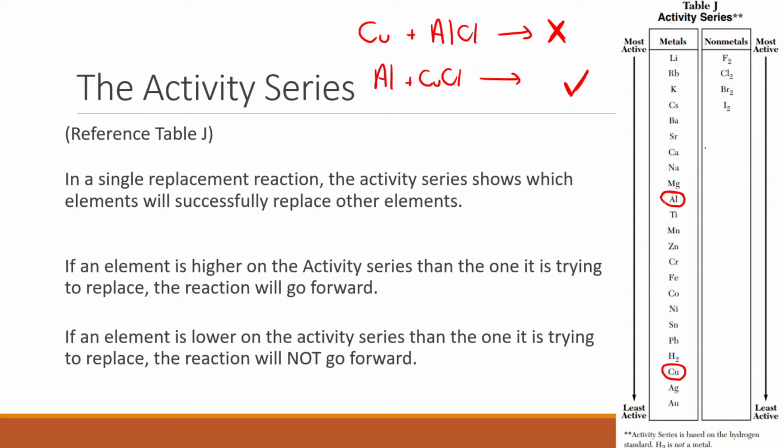Aluminum is stronger. Aluminum will replace copper, so this will happen and we will get the other half of the reaction with aluminum in the compound and copper by itself. But this will not happen because copper is lower down. The higher element is the one that gets to be in the compound. If it's already in the compound, then there's no reaction that's going to happen.